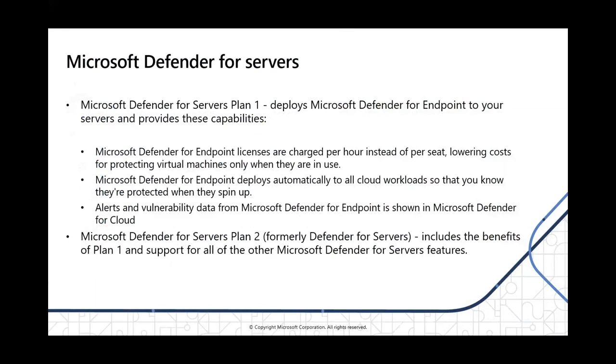This helps us lower the cost of protecting virtual machines, since we pay only when they are in use. Defender for Endpoint will deploy automatically to all cloud workloads so that we know they are protected when they spin up. Alerts and vulnerability data from Microsoft Defender for Endpoint are shown in Microsoft Defender for Cloud.